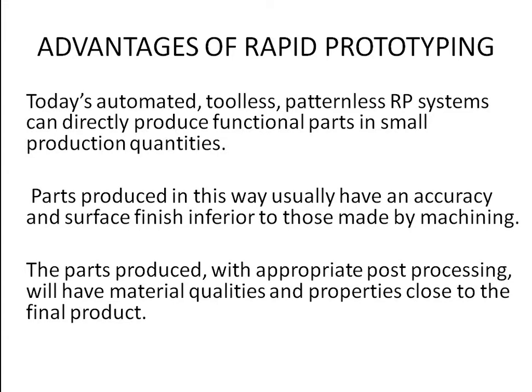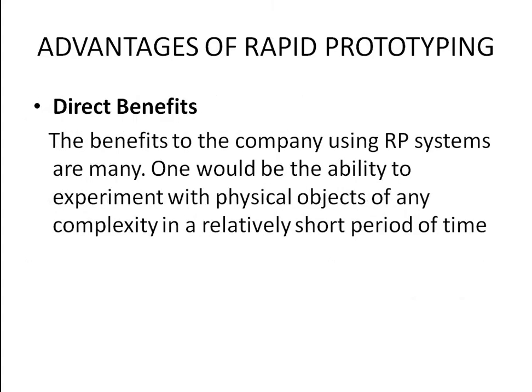Parts produced with appropriate post-processing will have material qualities and properties close to the final product. Final product means we can compare with subtractive method products. That's why we closely monitor everything, design properly, and control the parameters. We can generate 90% of the component, which is competitive with regular manufacturing. Now these are the direct benefits.